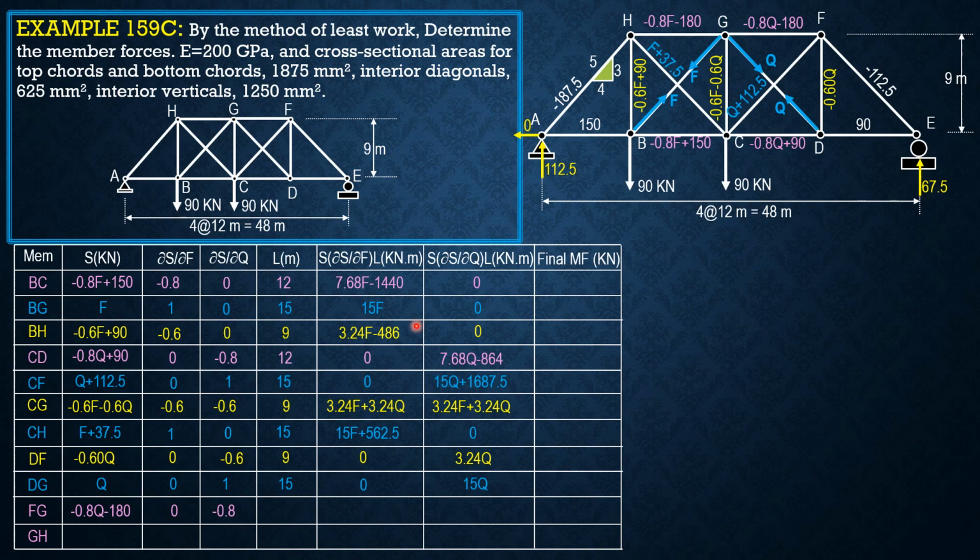Then for the blue ones, 15F plus 15F, so 30F plus 562.5 over area 625 for the interior diagonals, E. Then plus for the yellows, 3.24 plus 3.24. Then there is Q, take note. So 6.48F plus 3.24Q minus 486 over area 1250E. Then equate to 0. Then combine the F's further with Q.